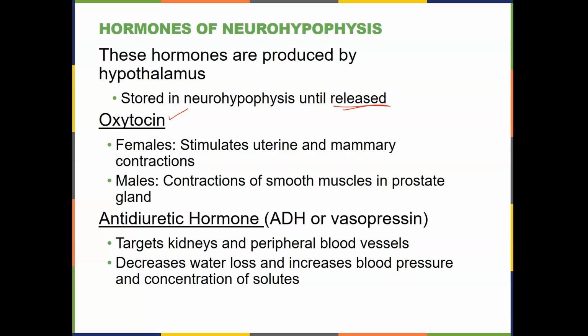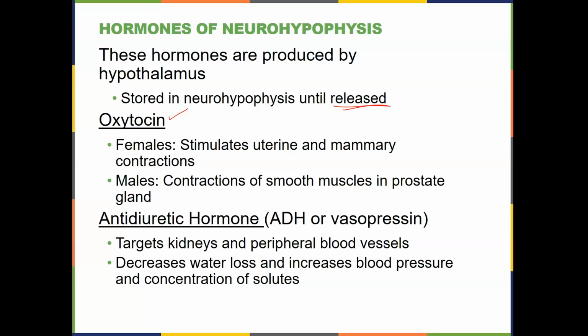ADH, vasopressin, targets the kidneys. ADH also targets blood vessels. And what it does is it causes a change in water loss and blood pressure so that you don't release water into the urine. So antidiuretic means that you're holding water in, okay? Diuretic means that you're losing water. When we say diuretic, it's usually relative to kidney action, not necessarily colonic action, although that can be diuretic as well.